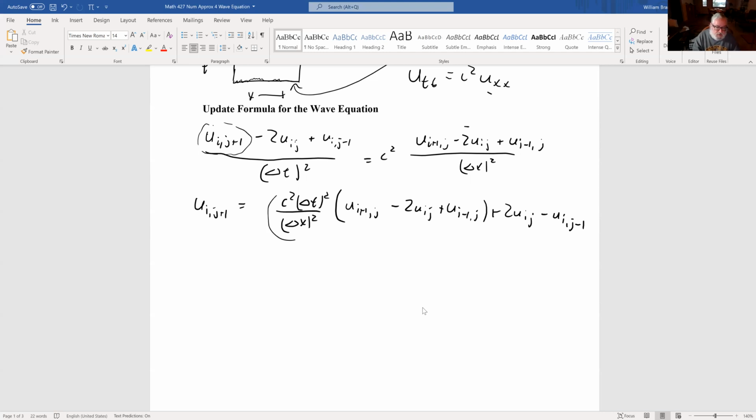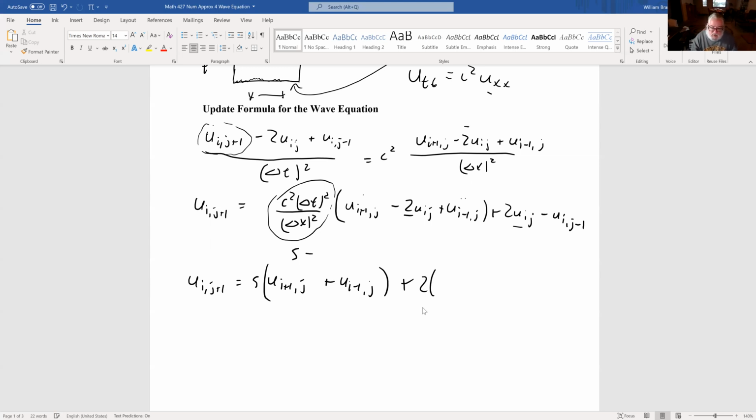So calling this, like we did for the heat equation, we'll call this S. That gives me u i, j plus 1 equals S times this term, which is u i plus 1 comma j, plus this term, which is u i minus 1 comma j, plus, well, we've got a 2 u i j there and a minus 2s u i j there.